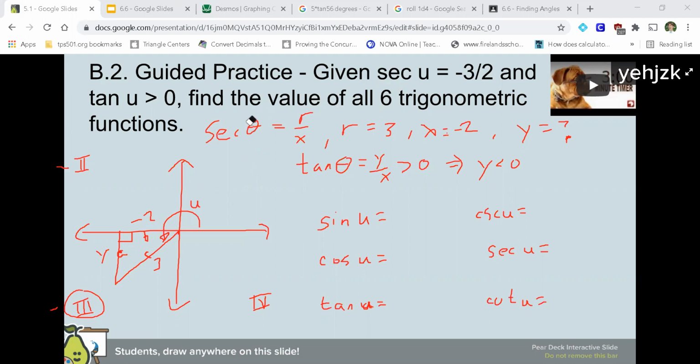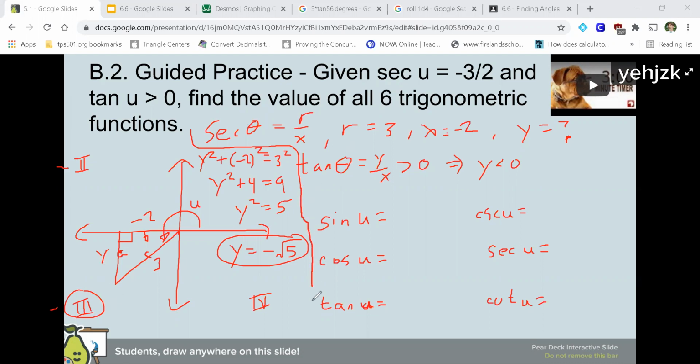So what we'll get is y squared plus negative 2 squared is 3 squared, which means y squared plus 4 is 9, which means y squared is 5, which means y is the negative square root of 5. Remember, y has to be negative. We're in the third quadrant. So I'll tell you, if you end up getting any of the problems wrong for these type in WebAssign, the most likely thing that messed you up is your signs.